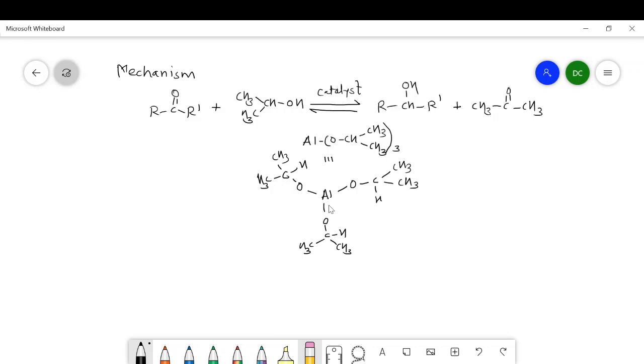Now it has 3 isopropoxide groups, and there is a presence of hydrogen and 2 methyl groups. So to avoid the bulkiness, I will write this structure like this: OCH and Me twice, and it is taken three times. This is the aluminum isopropoxide.